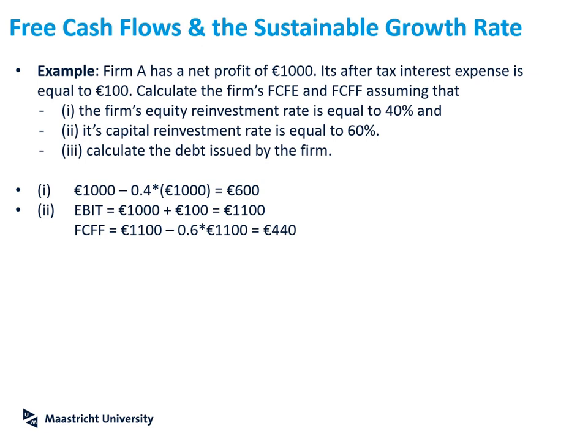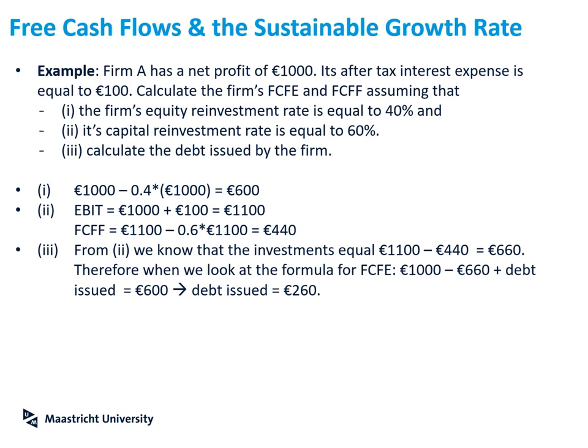And then we also have enough information to calculate the debt that's issued by the firm. Because now we know from the second question that the investments in working capital, non-current assets, and investment assets are equal to 660. And then we have enough information to be plugged into our free cash flow to equity calculation.